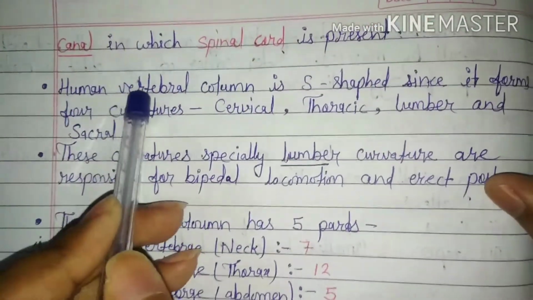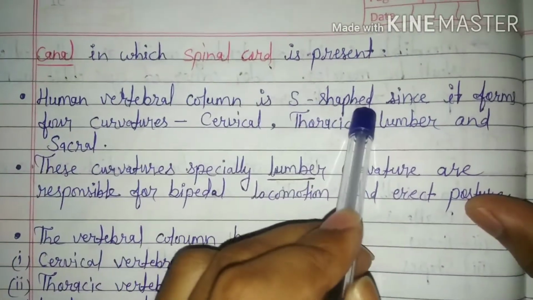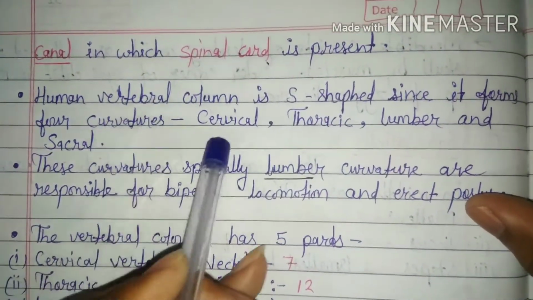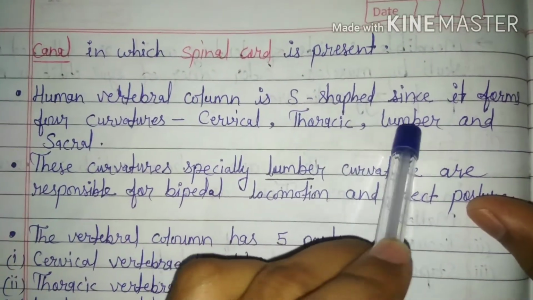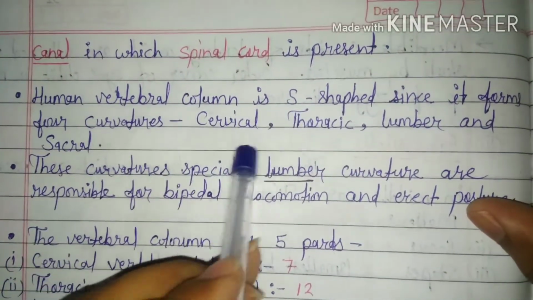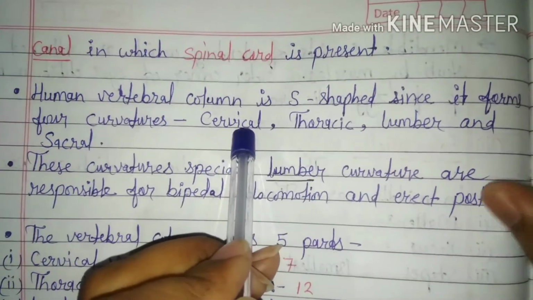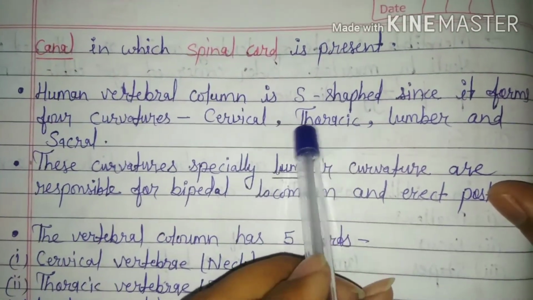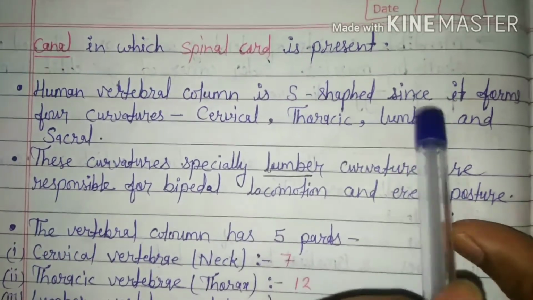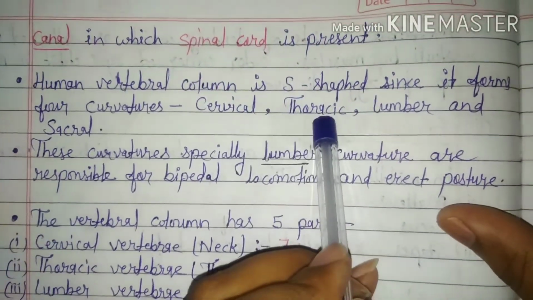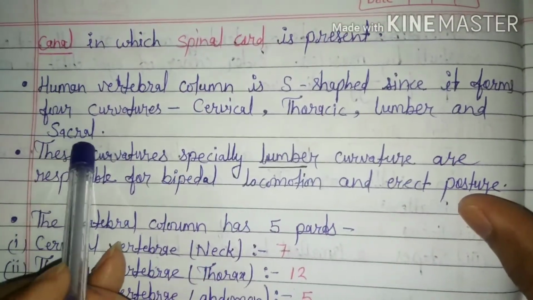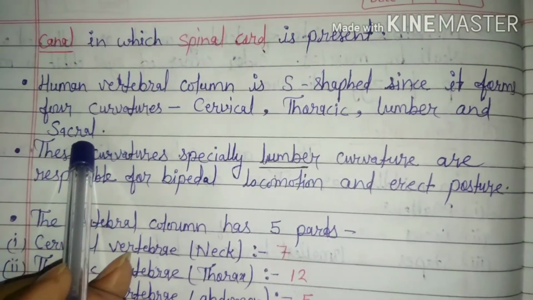Shape of the vertebral column is S-shaped since it forms 4 curvatures: cervical, thoracic, lumbar and sacral. Cervical represents the neck region, thoracic represents the chest cavity part, lumbar represents the abdomen part and sacral represents the hips and tail part.